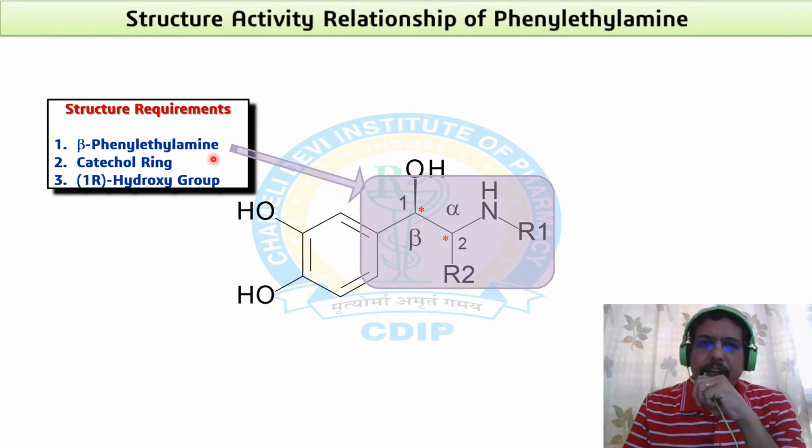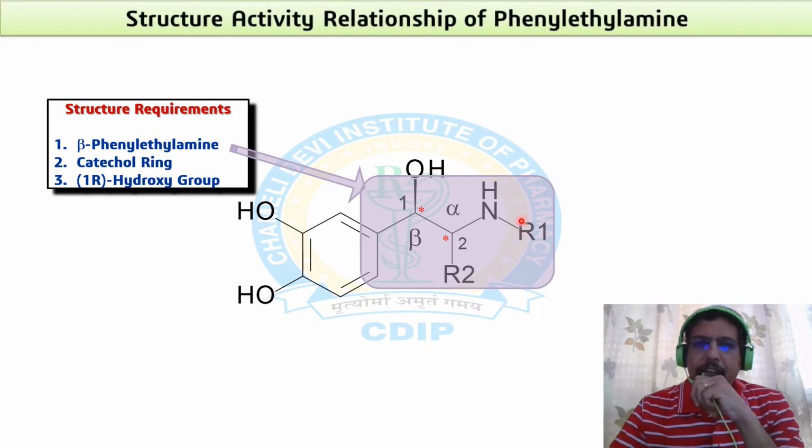If you look at that, it is the ethylamine area, and this ethylamine area is linked with the phenyl ring. Then this whole structure is called the phenylethylamine.